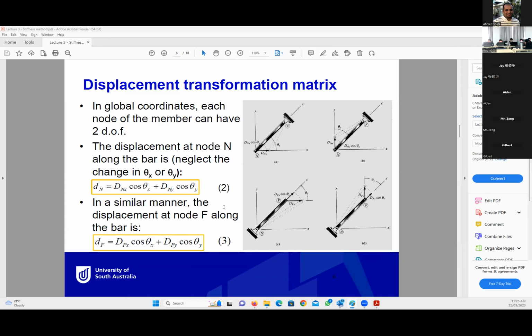So in this one, we just need the final derivation here. So the displacement at node n along the bar, neglecting the change in theta x or theta y, will be dn equal to dnx cosine theta x plus dny cosine theta y.